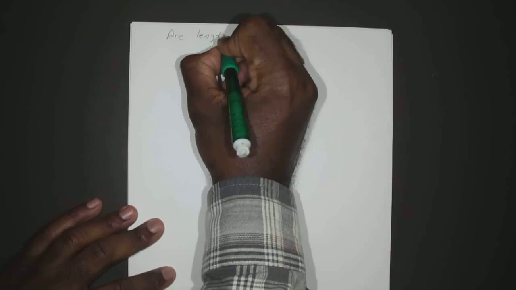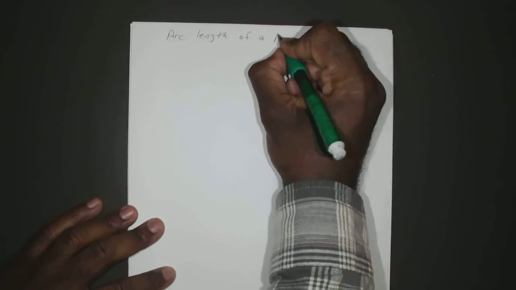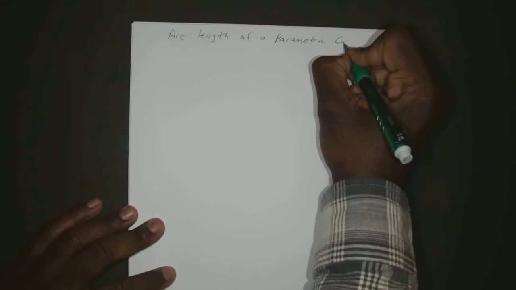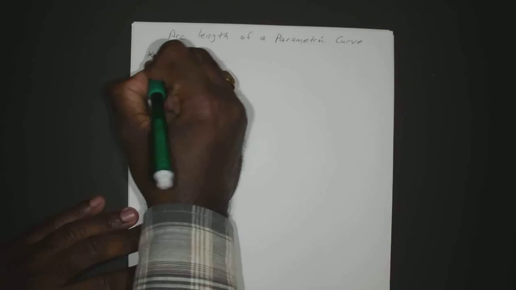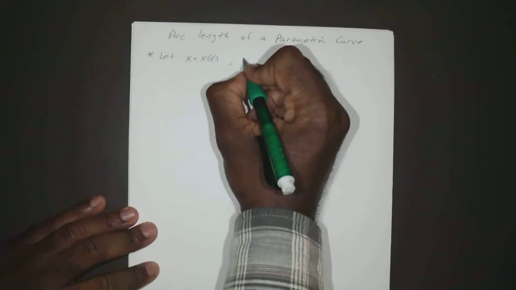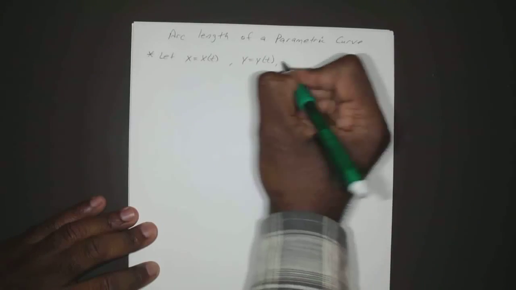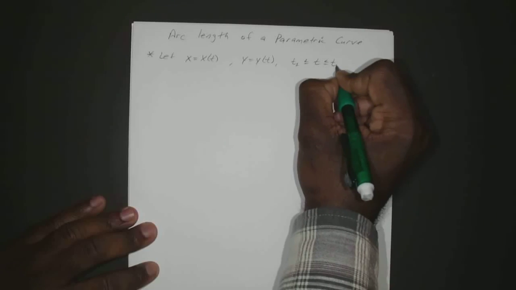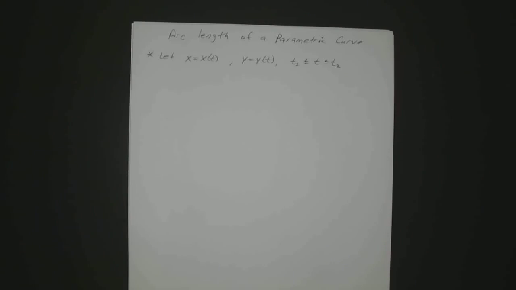Okay, so last but not least, the arc length of a parametric curve. Again, let's say we let x be a function of t, y is a function of t, and you have two values of t as your upper and lower integral limit.